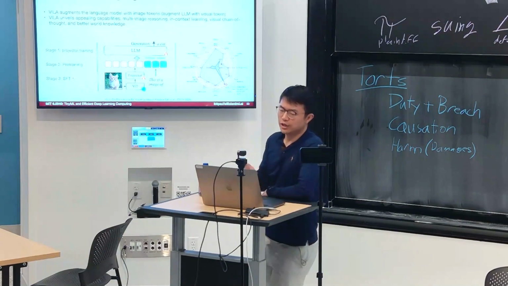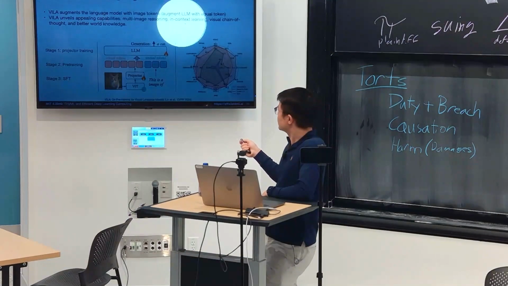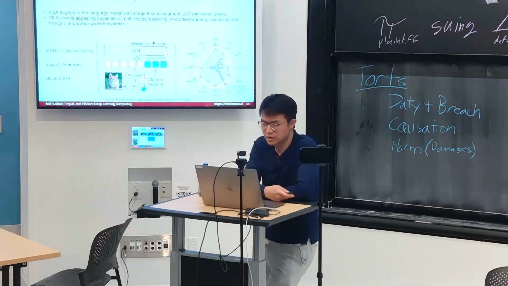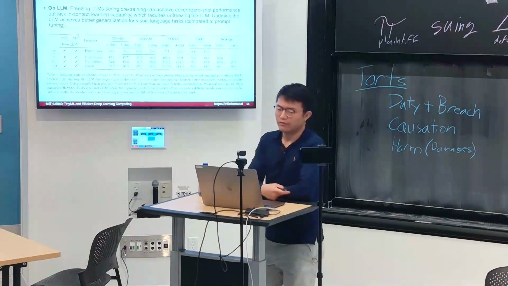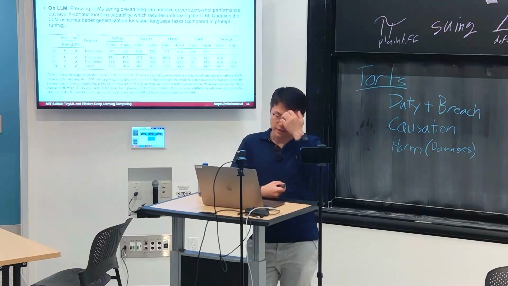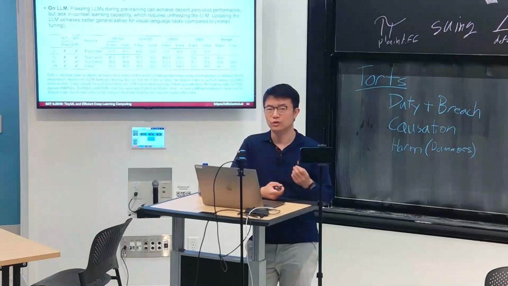This kind of approach can enable capabilities like multi-image reasoning, in-context learning, visual chain of thought, and better world knowledge. We'll see them one by one. We have a couple of findings during the VILA project. The first one is on the large language model part: we find freezing the LLM during pre-training can achieve okay zero-shot performance, but in order to get in-context learning capability, we should unfreeze the large language model.